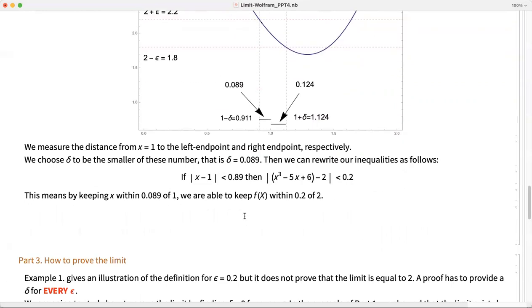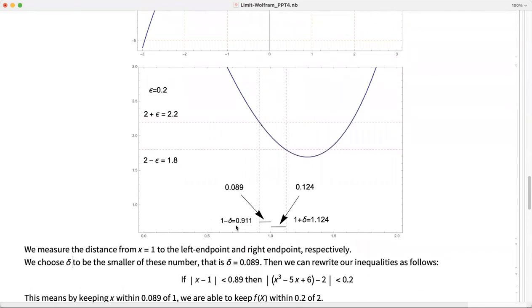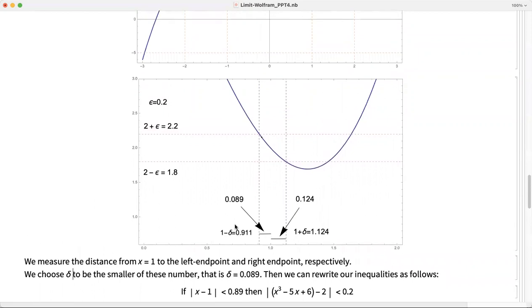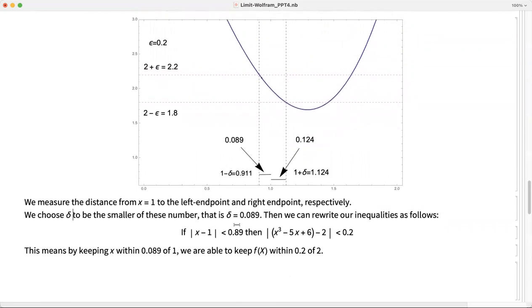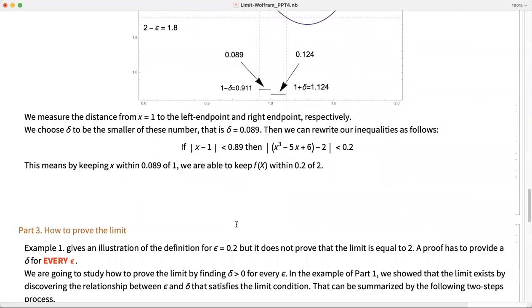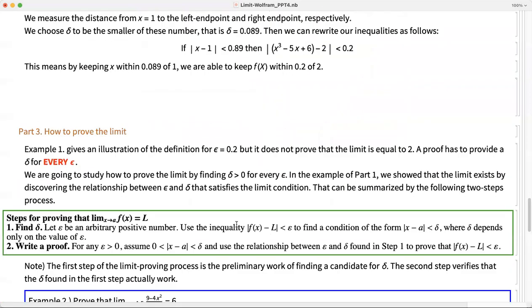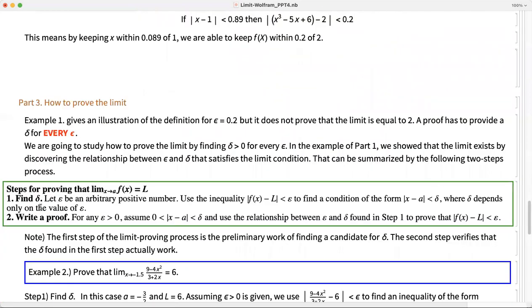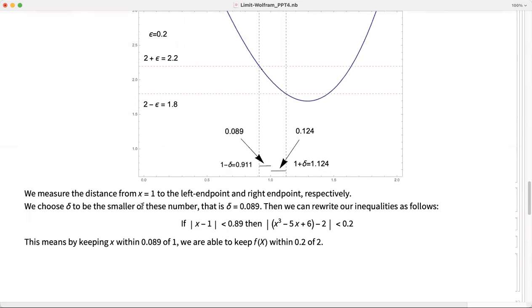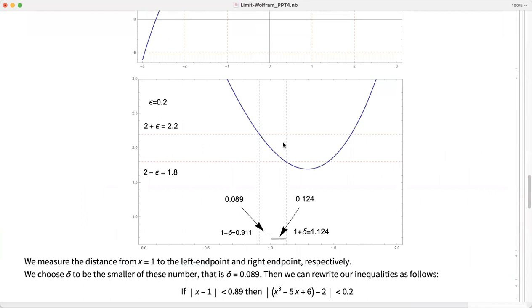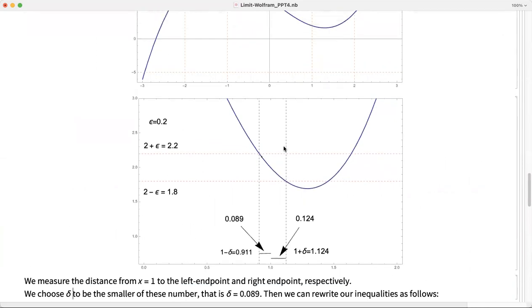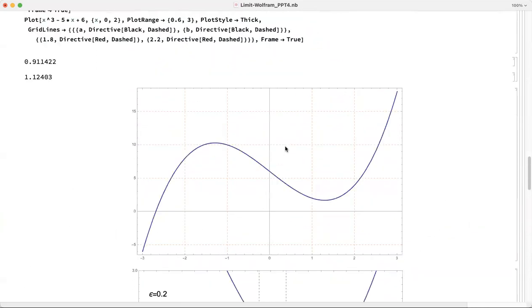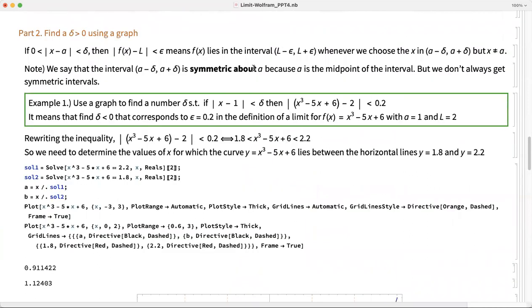Okay, so this is how to find delta using a graph, but in general, we prove the limit using the two-step procedure. Keep that in mind. The reason we use the graph to find delta in this problem is because the interval is not symmetric.